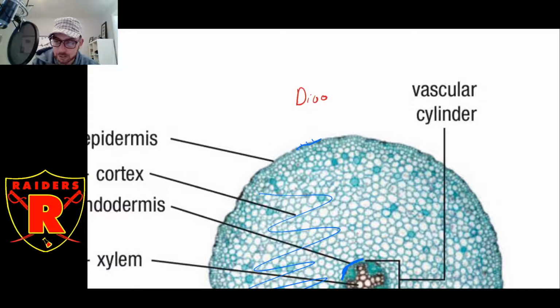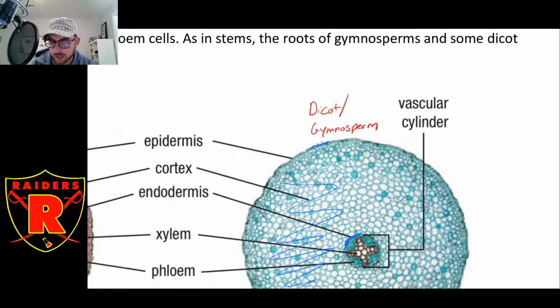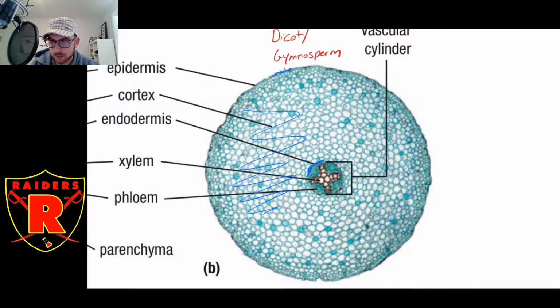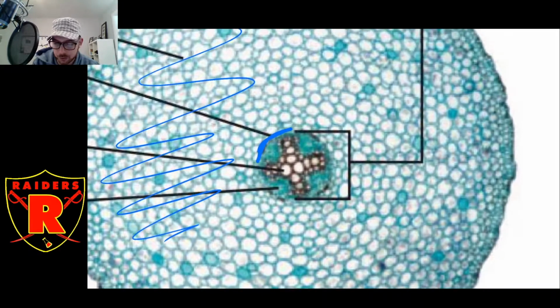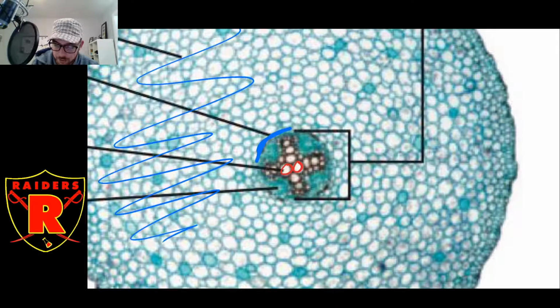And then in the dicot and the gymnosperm, the vascular bundle is quite a bit smaller. And then you're going to have, always towards the center, your xylem, which are the big empty dead cells for transporting water, and then the smaller phloem cells here, which are used for transporting nutrients towards the outside.